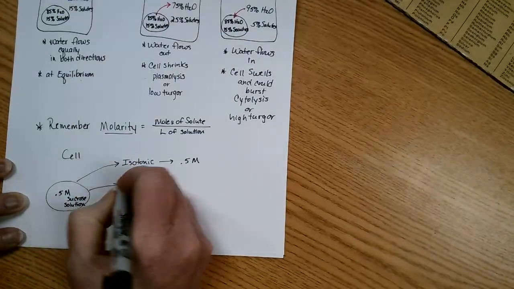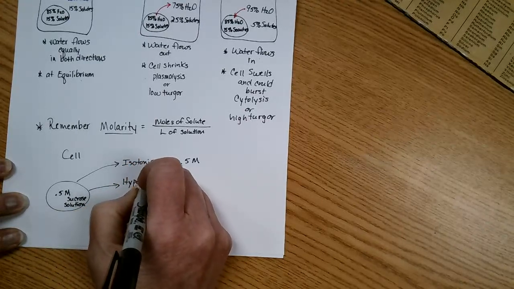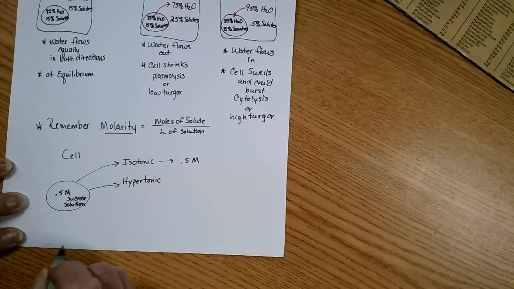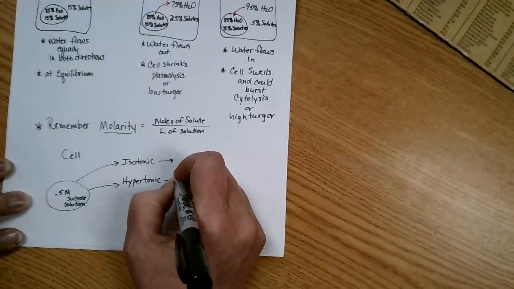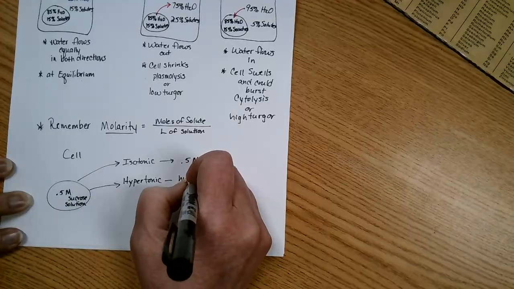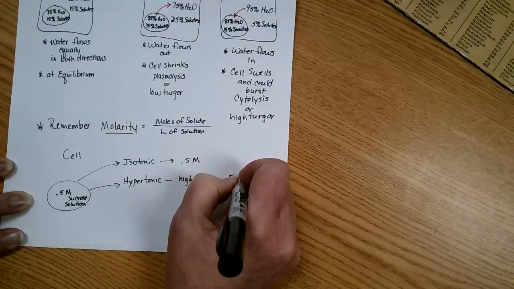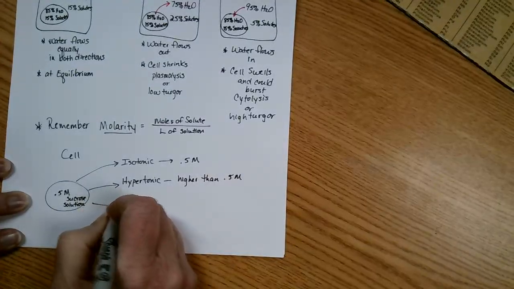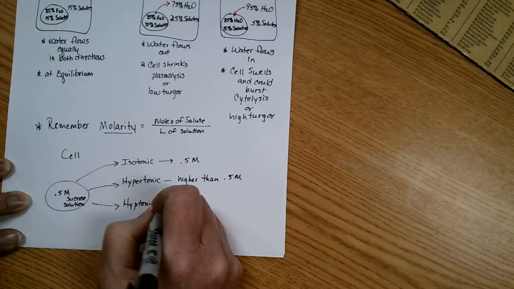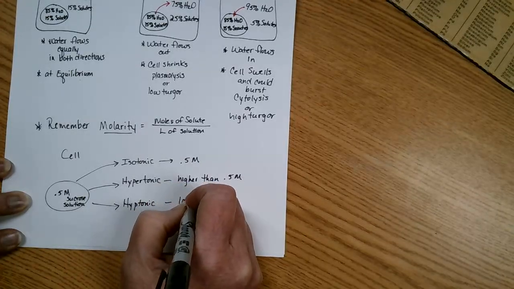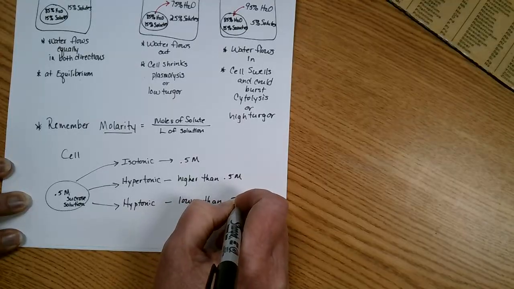But what if it was hypertonic, in the same direction? Then that would have to be anything higher than 0.5 molarity. And hypotonic would be lower than 0.5 molarity.